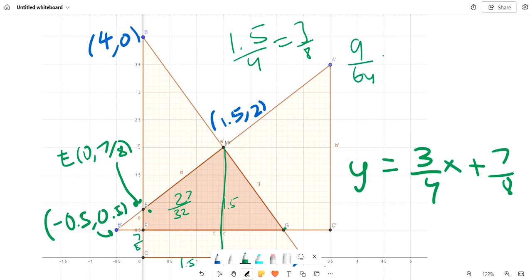And then we times 6, which gives 27 over 32 as well.